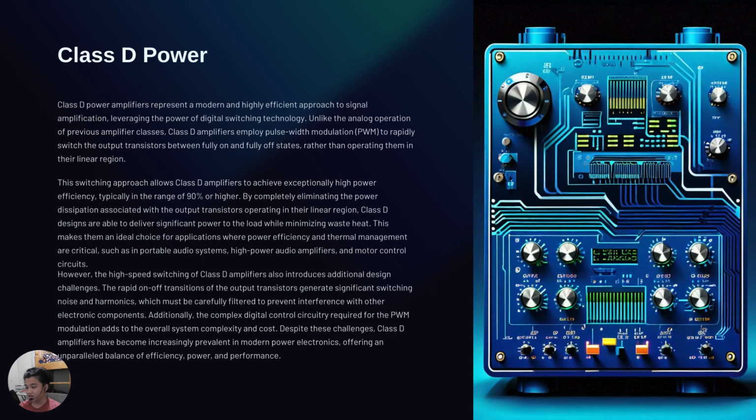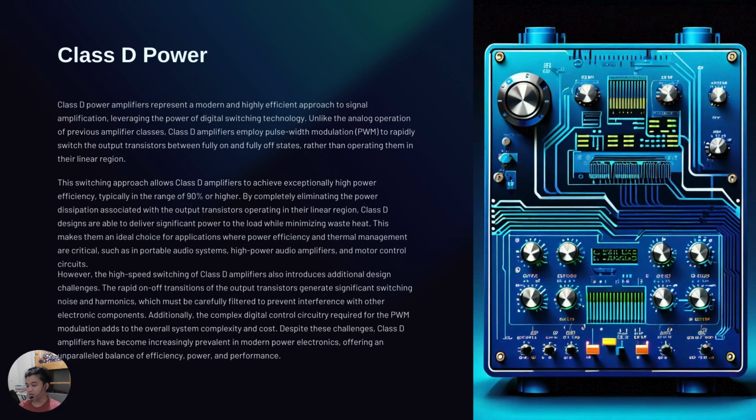Unlike the analog operation of previous amplifier classes, Class D amplifiers employ pulse width modulation, or PWM, to rapidly switch the output transistors between fully on and fully off states, rather than operating them in their linear region. This switching approach allows Class D amplifiers to achieve exceptionally high power efficiency, typically in the range of 90% or higher.